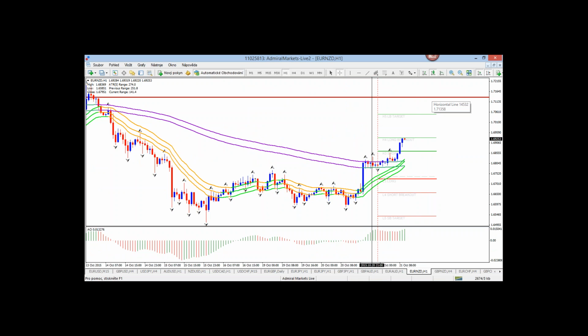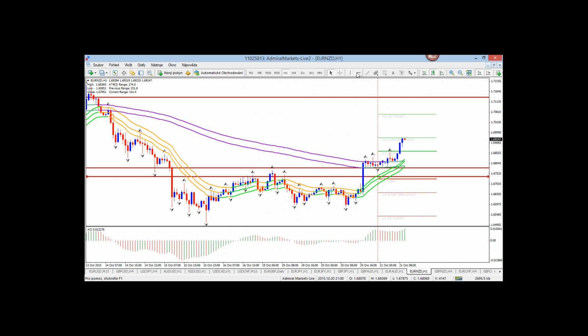So if it hooks back anywhere, I would say to the pivot, this support, this top, H3, it's a wide zone, but anywhere there, it could see a follow through to upside. Again, though, a reversal trade.